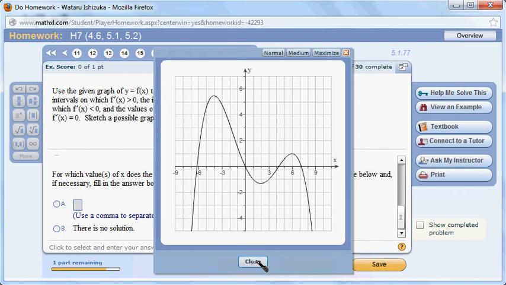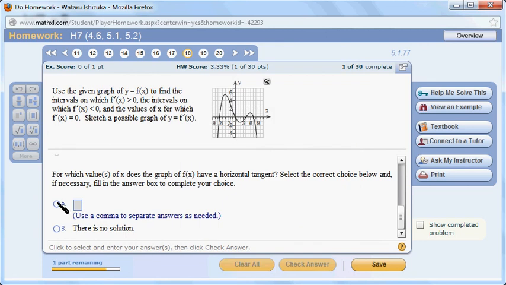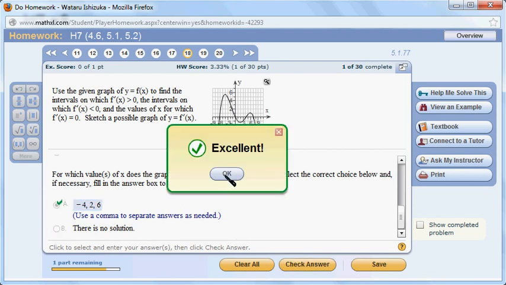So we can just type it in. Fill in the box. These are x values, so it's going to be -4, 2 and 6. Let's check the answer. All right, so we got that.